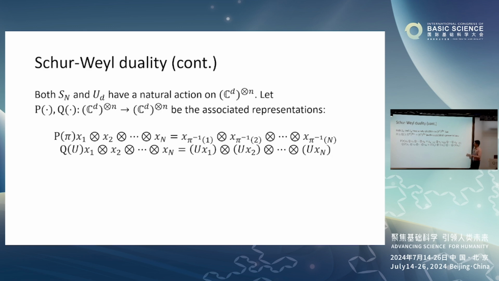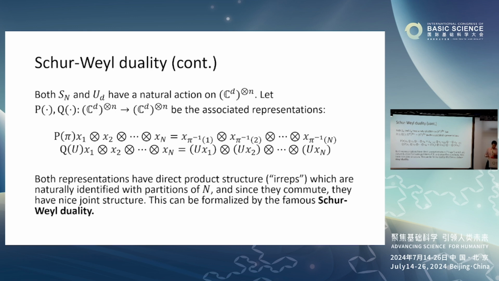And similarly for any unitary u, I define the action of the representation Q on x1 tensor through xn by just applying u to each individual copy, and again I extend this by linearity. So these are associated representations, and the key fact is that both of these representations have some sort of direct product structure, and they have irreducible representations.